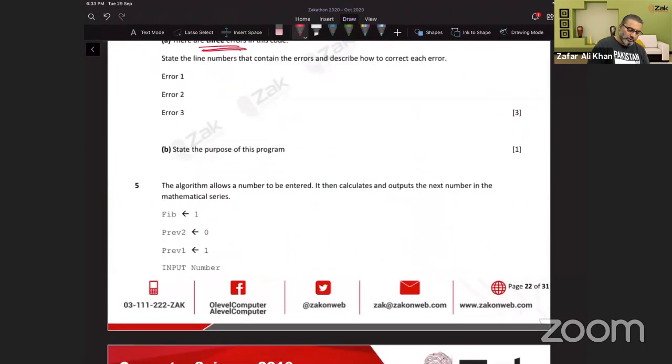This algorithm shows a number to be entered, it then calculates and outputs the next number in the mathematical series. So this fib stands for, this is my perception, you don't have to do anything with it, Fibonacci numbers.